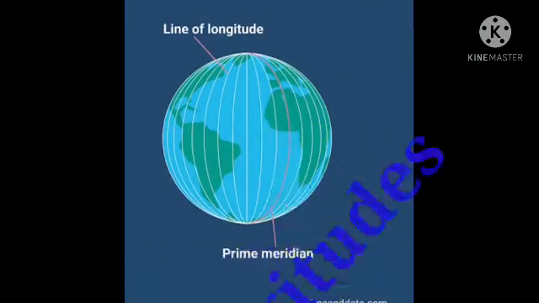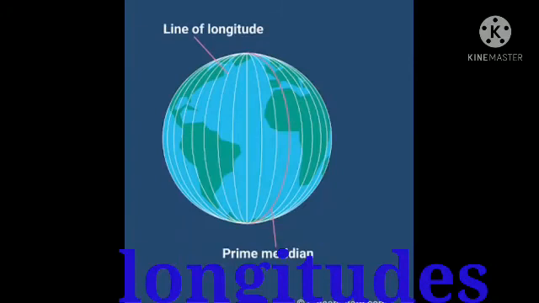On the globe, longitudes are drawn as a series of semicircles that run from the North Pole to the South Pole, passing through the equator, and these lines are called meridians. Meridian means midday, as all the places on the same meridian have their noon at the same time.